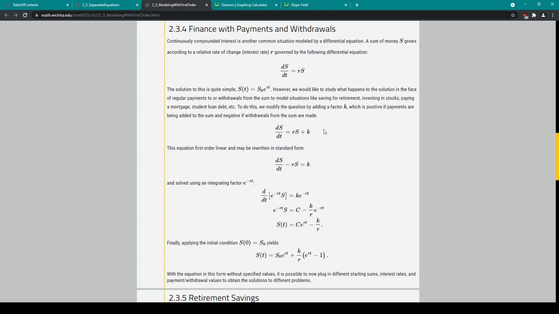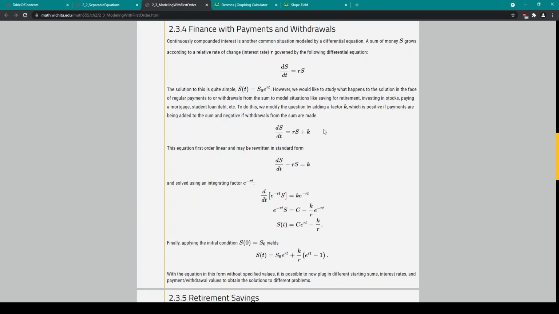And you can cough up the solution of the differential equation and apply a generic initial condition s(0) equals s naught to figure out that the sum of money would be the exponential growth equation, s naught e to the rt, plus the adjustment for those regular payments that are being made.